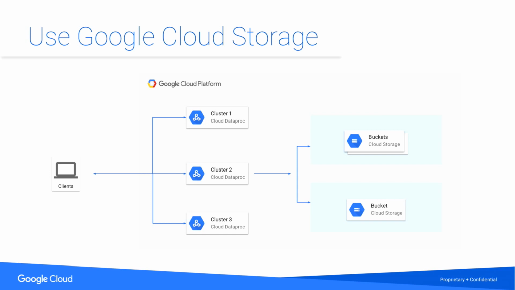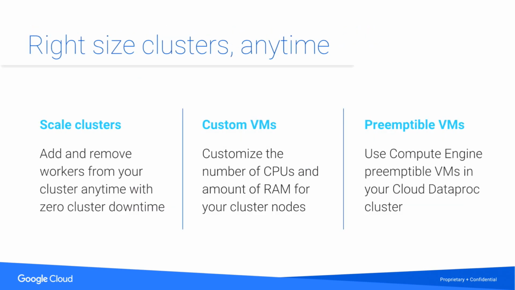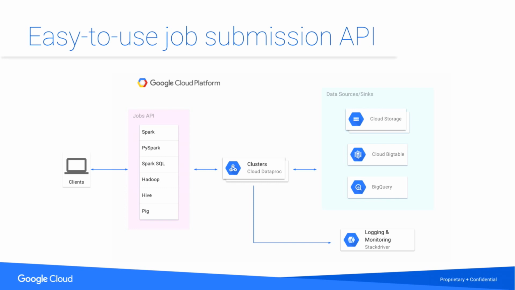You get very high throughput and very optimum read and write performance. There have been some recent improvements and innovations launched on Google Cloud Storage, and we want Dataproc to benefit from that. So we always suggest to use Dataproc with Google Cloud Storage, and a lot of customers are doing that.